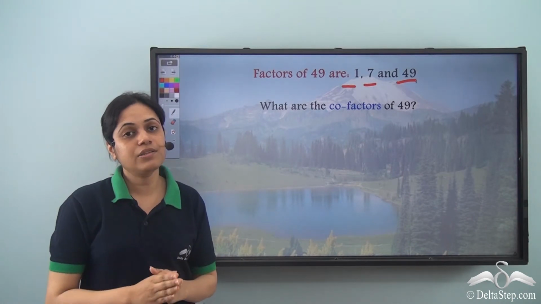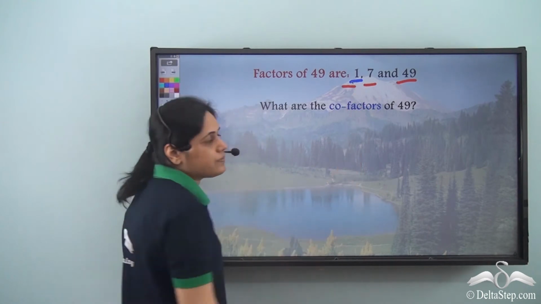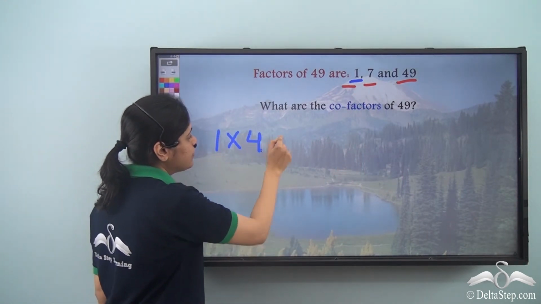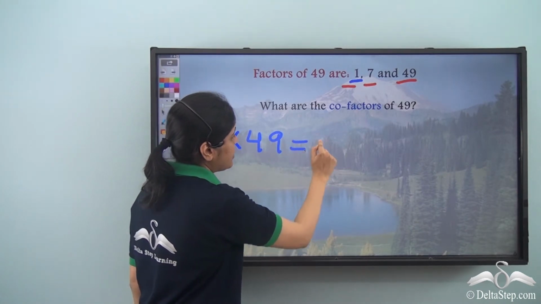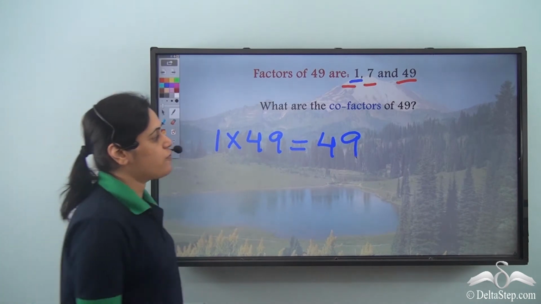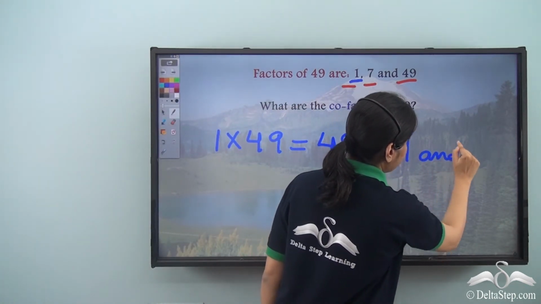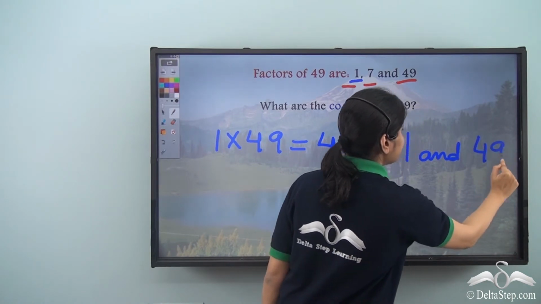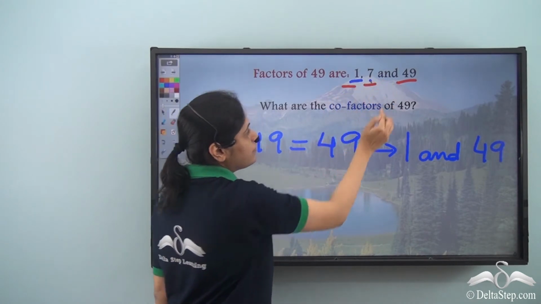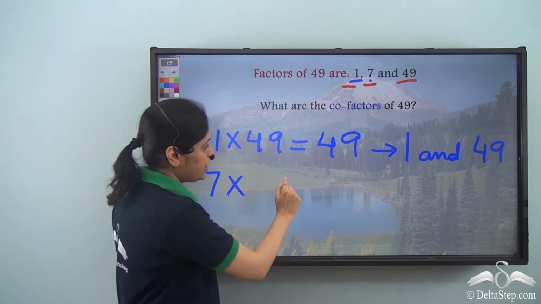Now what are the cofactors? If I take 1, so 1 into 49 gives me 49. So one pair of cofactors is 1 and 49. Now I am left with 7. So 7 into what will give me 49?